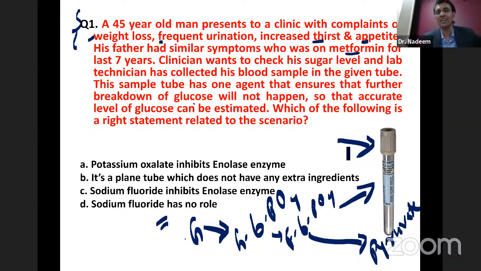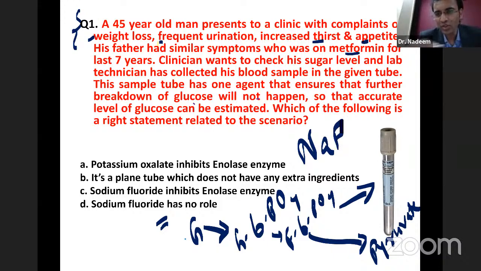So for that, I am adding something called sodium fluoride. See, in the later steps of the glycolysis pathway, first there will be conversion into phosphoenol pyruvate, and after that, conversion to pyruvate.